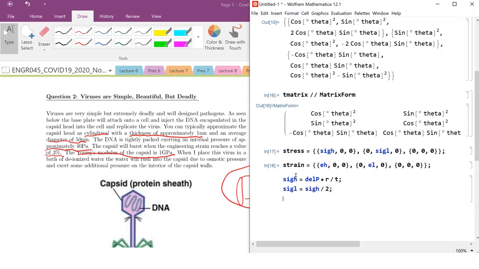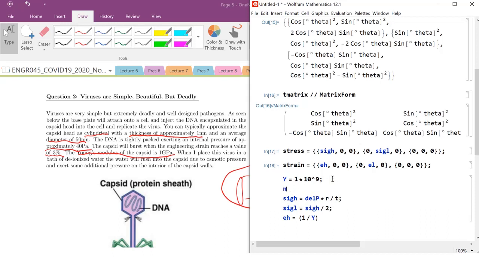We also know that our EH is equal to 1 divided by Y, our Young's modulus, which in this problem, let's define up here as well. Y is equal to a gigapascal, so 1 times 10 to the 9th. Y and E are both used in the literature for Young's modulus. I'm not using E because it's already a built in function in Mathematica, the exponential, so I'm going to use Y here.